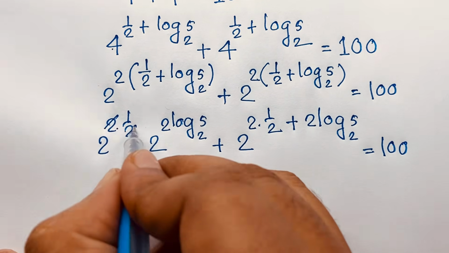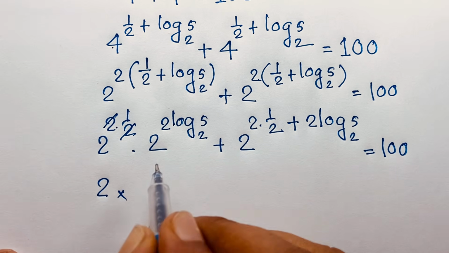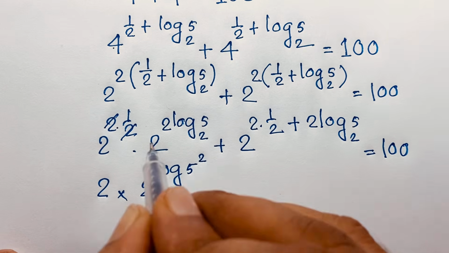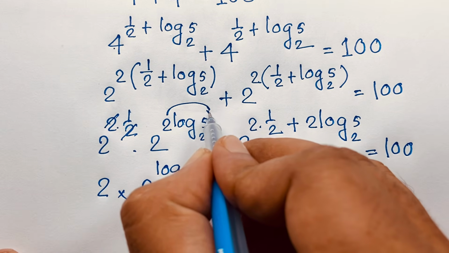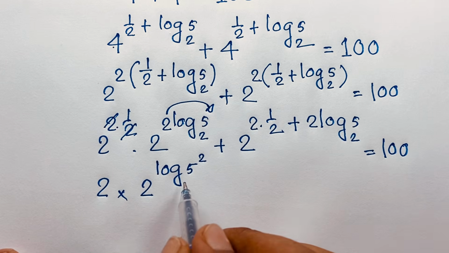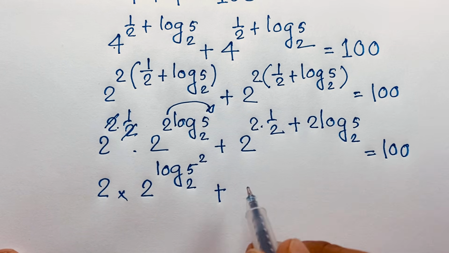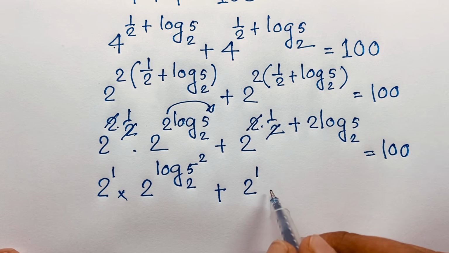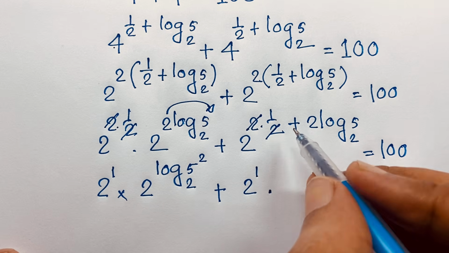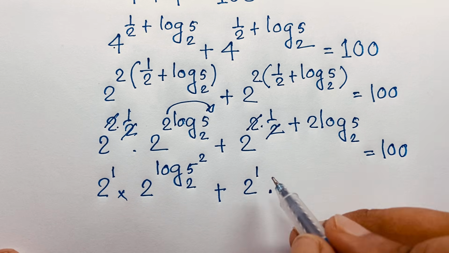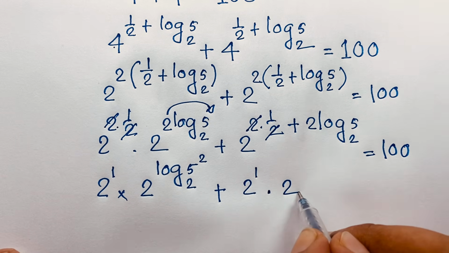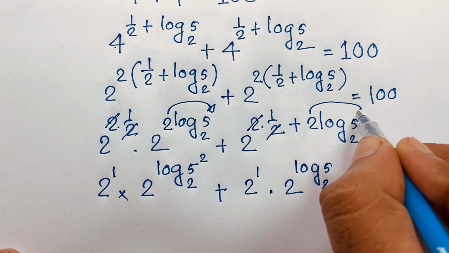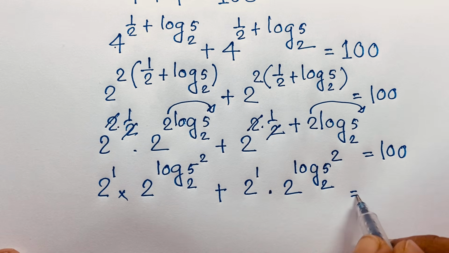Then this 2 cancels, it will be 2 to the power 1, which is 2, times 2 to the power log 5 to the power 2, this exponent moves, so it will be 5 to the power 2 with base 2, plus the same case, 2 to the power 1 is 2. I apply this math formula, a to the power n plus m is a to the power n times a to the power m, is equal to 100.